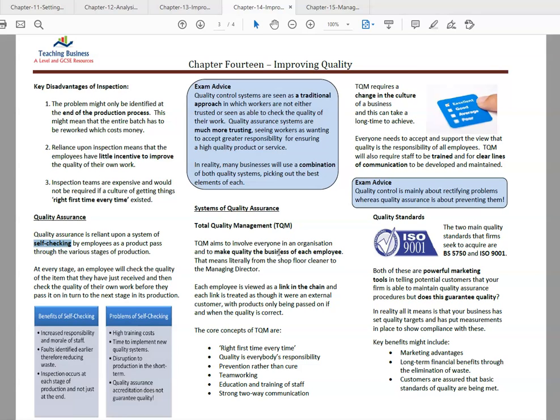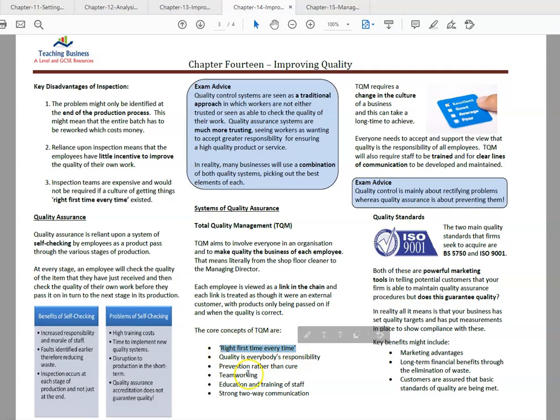Then we would write our code, and that would be checked. And then finally, we would present our code for inspection, and that would be checked. And the point of TQM is that it's quicker, but more importantly, cheaper to get things right first time.